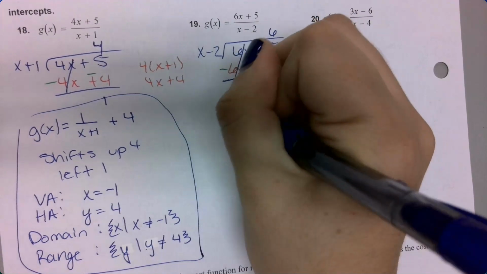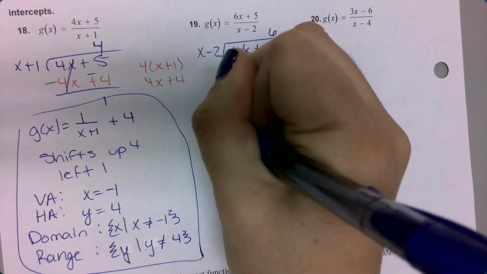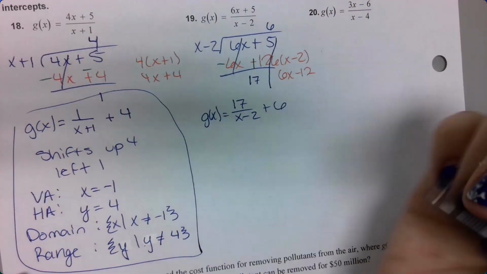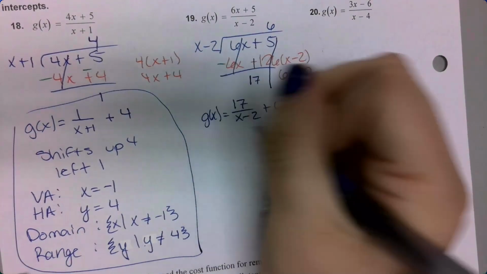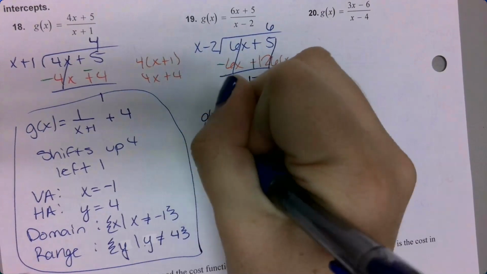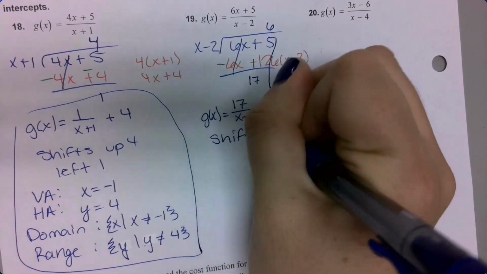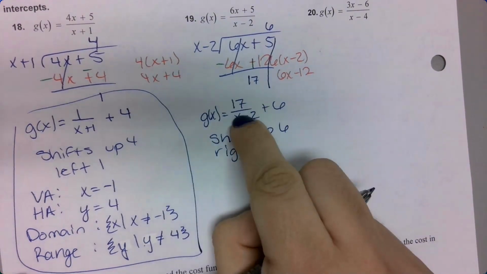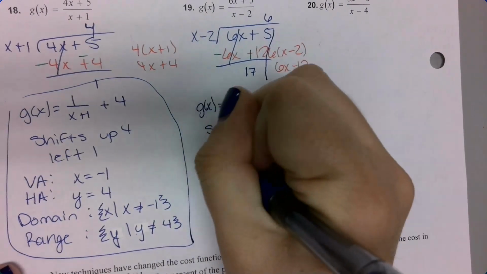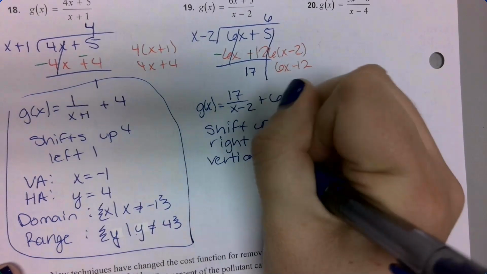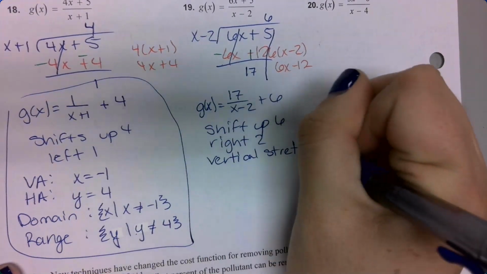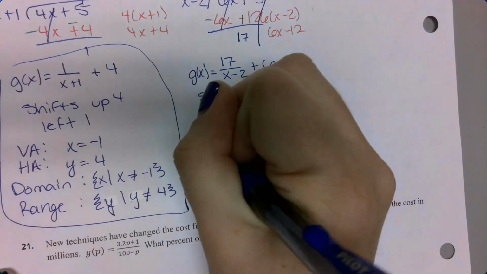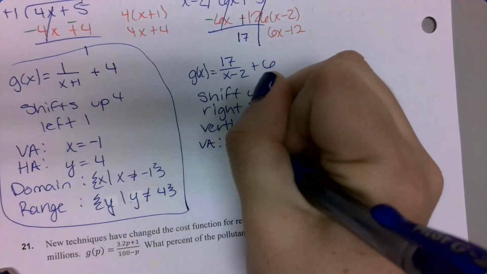So my remainder goes first. I have 17 on top, and then 6 off to the side. So my graph is going to shift up 6, right 2, and the 17 is a vertical stretch. Then I want to do my vertical asymptote, which is going to be x equals 2.